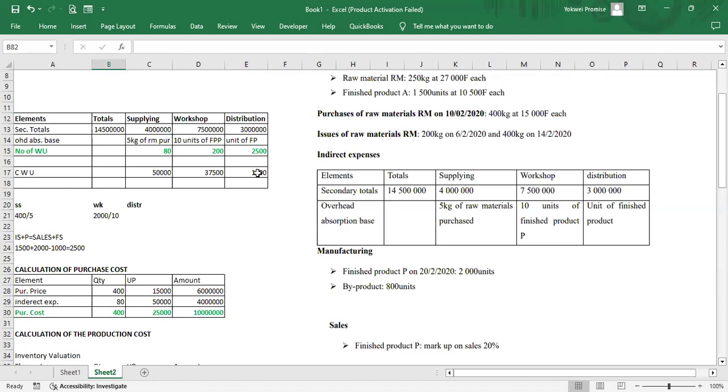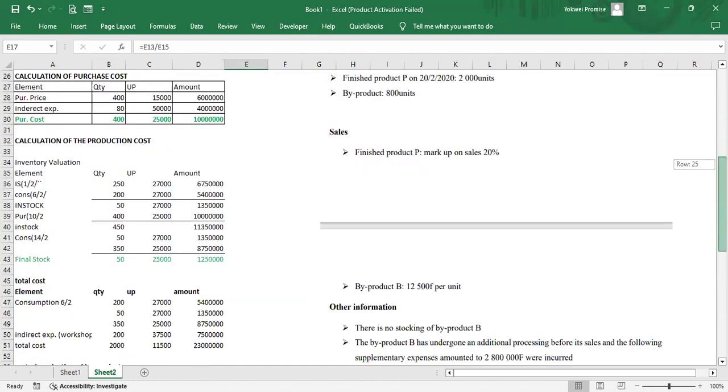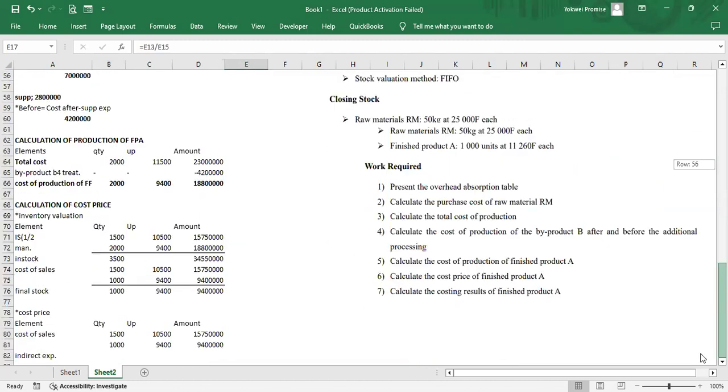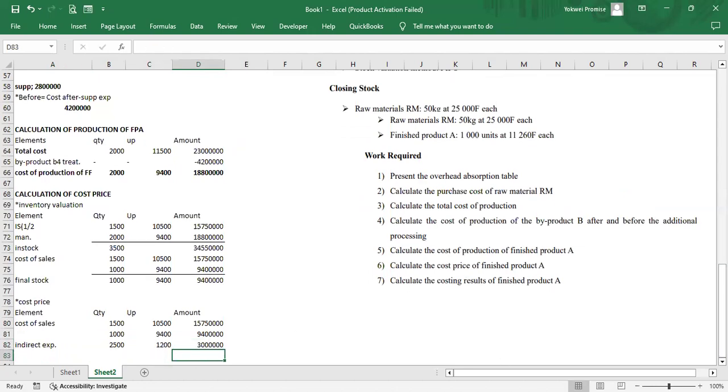That is the 2,500 units at 1,200. So I have 2,500 at 1,200, which is equal to this times this, which is 3 million. So now let's determine the total here.